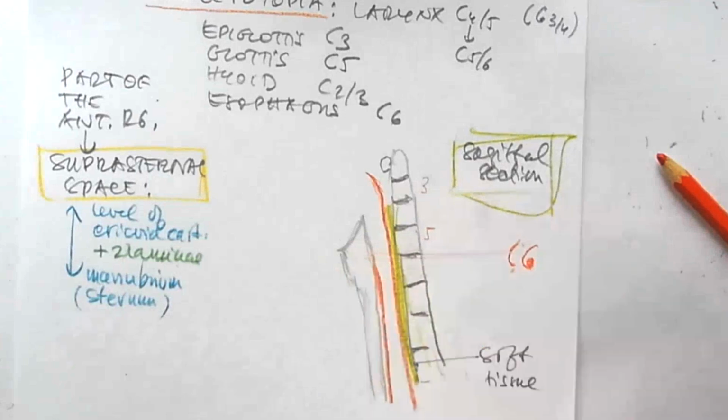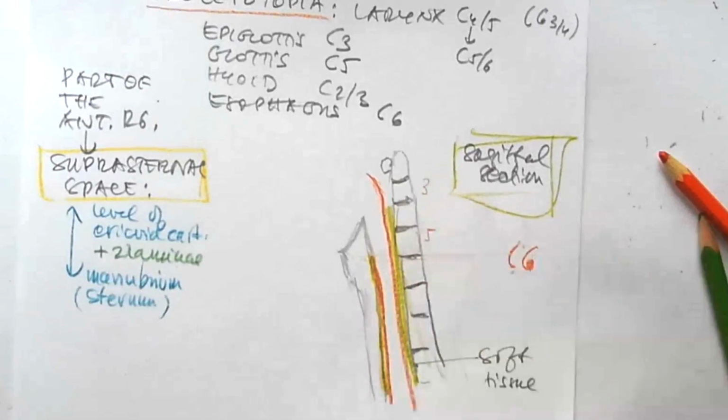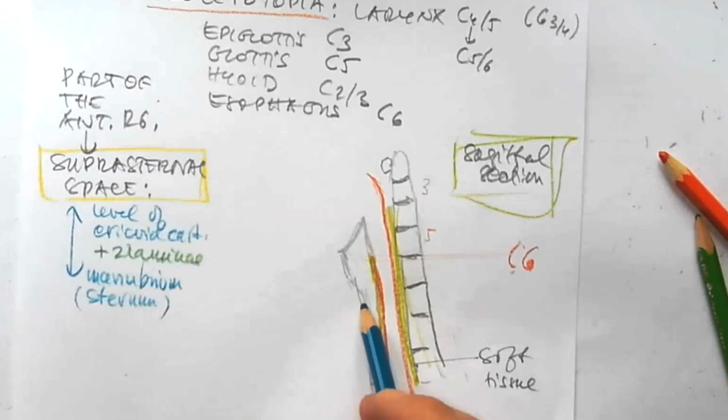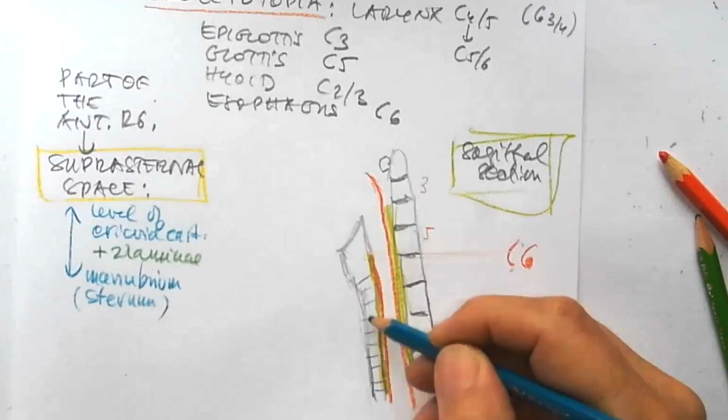Again, here is the soft connective tissue, tracheal or esophageal cartilages of the trachea. So this would be the trachea, anterior and posterior.